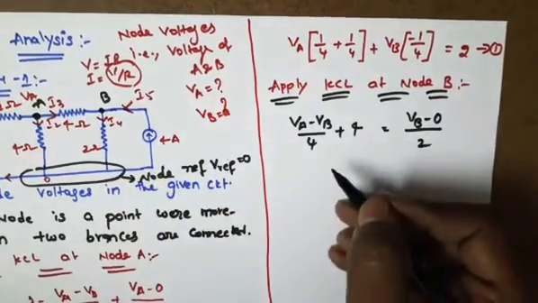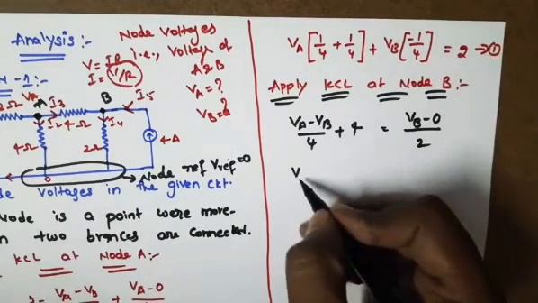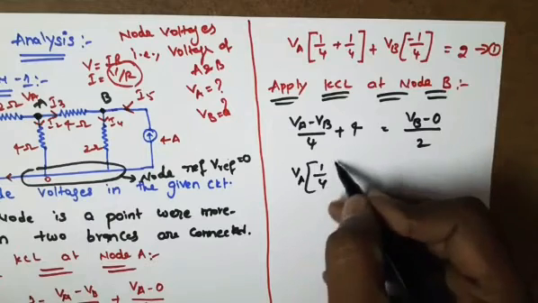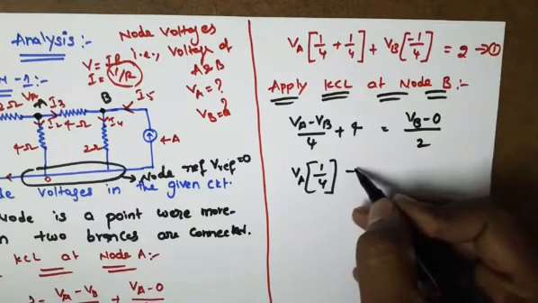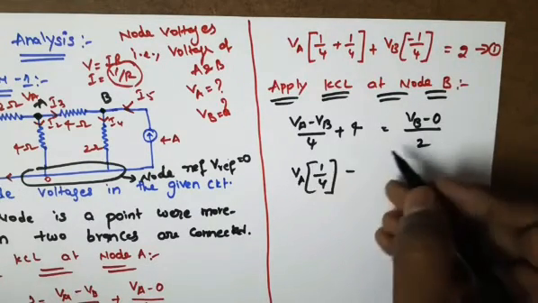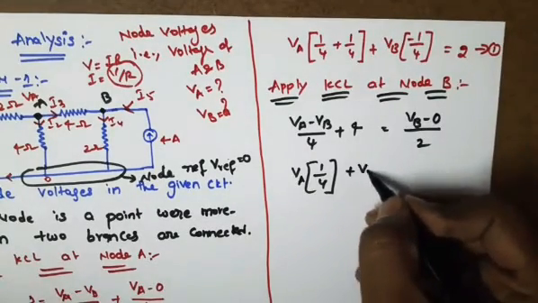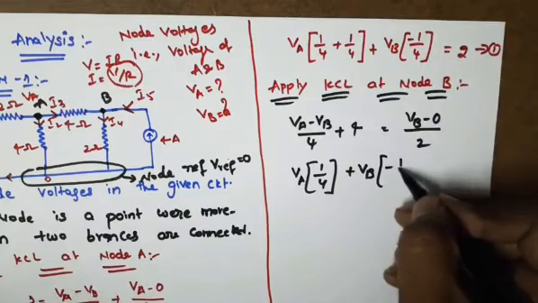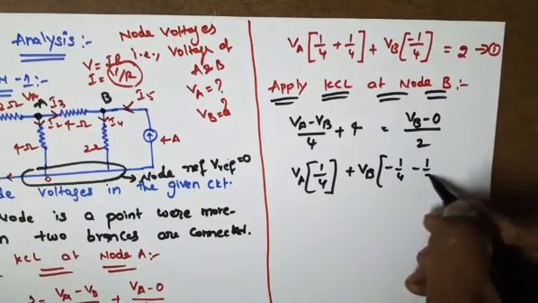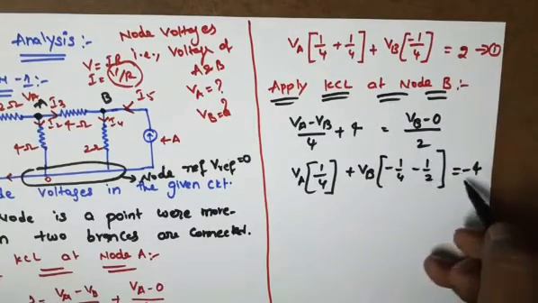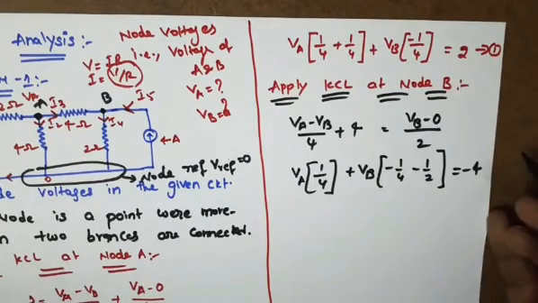So by solving this, what happens? Let's take VA common here. VA into 1 by 4, minus VB. Take this VB to this side and take that 4 to the other side, plus VB into minus 1 by 4 minus 1 by 2. Send that 4 to the RHS side.